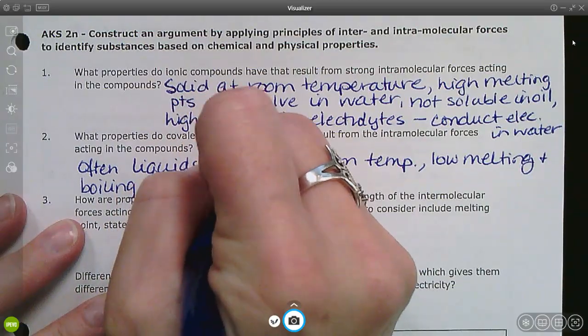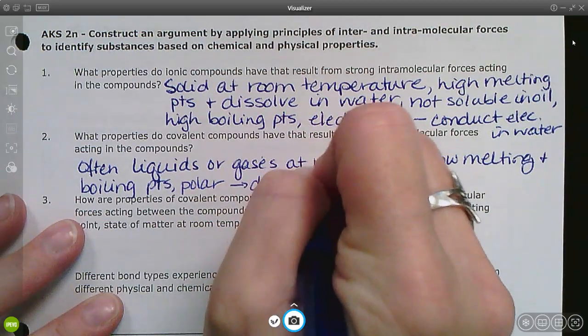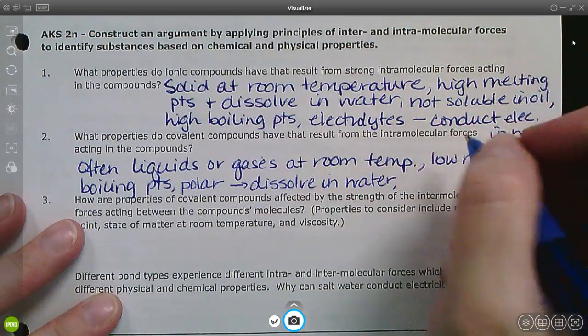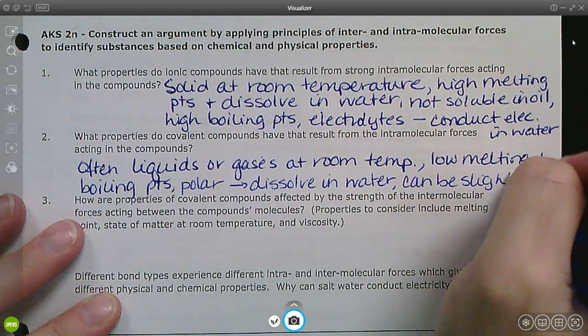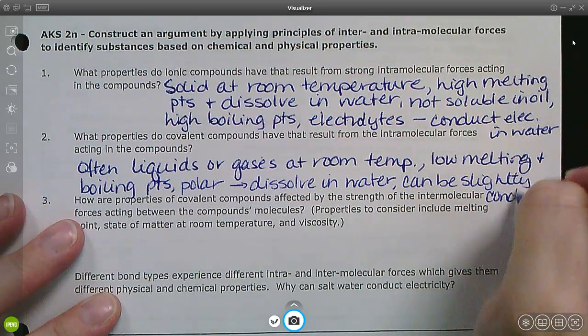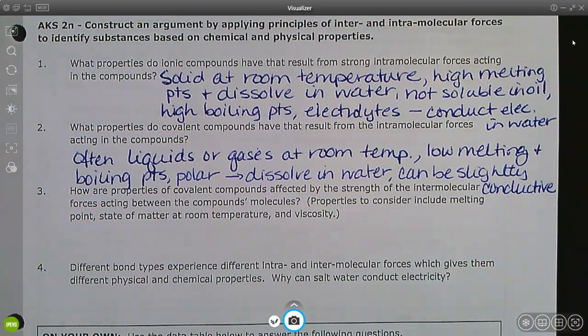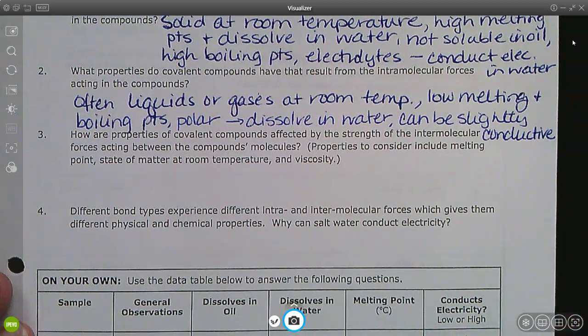If we are talking polar covalent, they will dissolve in water. And they can be slightly conductive. They tend to have partial charges when they're polar. So depending on how strong those partial charges are, when they are dissolved in water, those partial charges can cause them to be slightly conductive, but not to the degree that an ionic compound is.